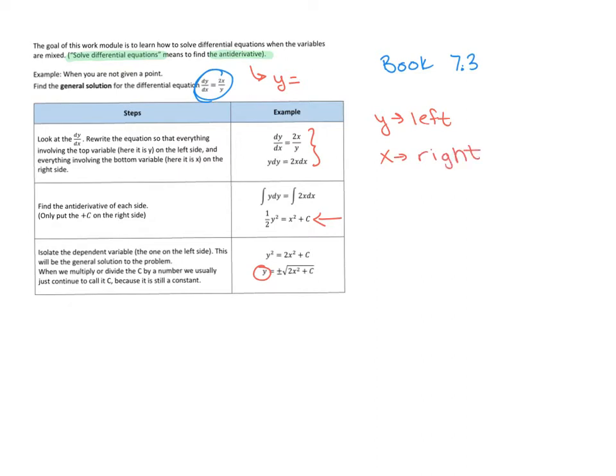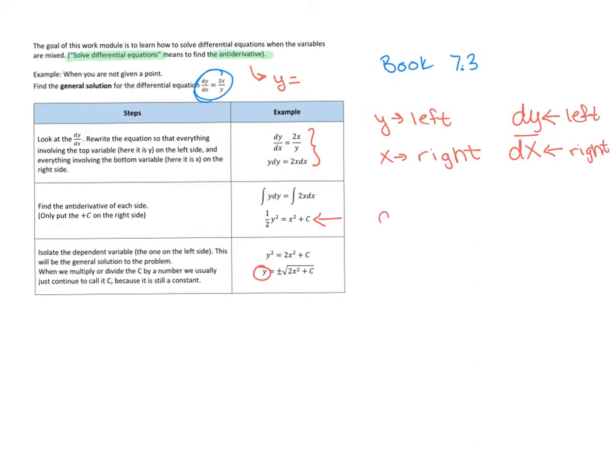If you have a problem that uses different variables other than x's and y's, look at the derivative statement. Remember, dy dx is another way to say derivative. Whichever variable is on the top, put it on the left. Whatever variable is on the bottom, put it on the right.